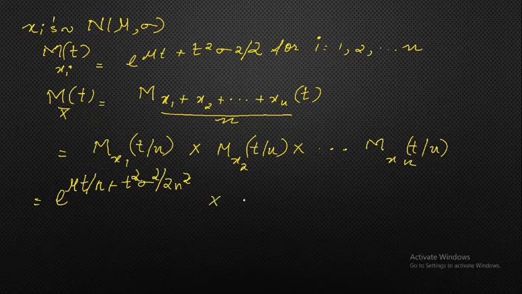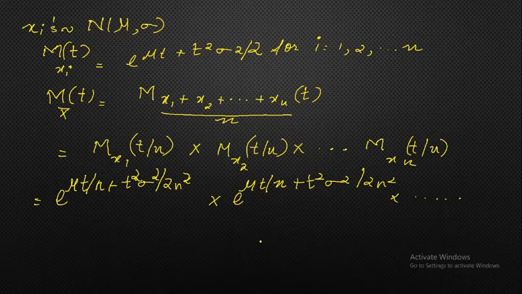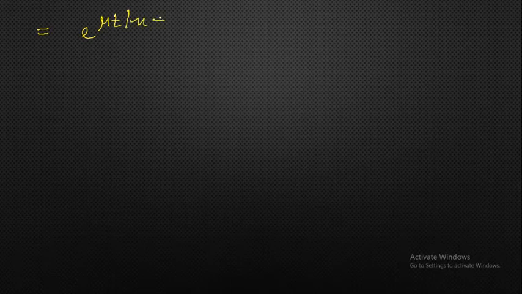Multiplied by the same term, e raised to mu t by n plus t square sigma square by 2n square, multiplied by etc. Each of these terms appears n times, so I can consolidate it as e raised to mu t by n plus t square sigma square by 2n square, the whole raised to n.